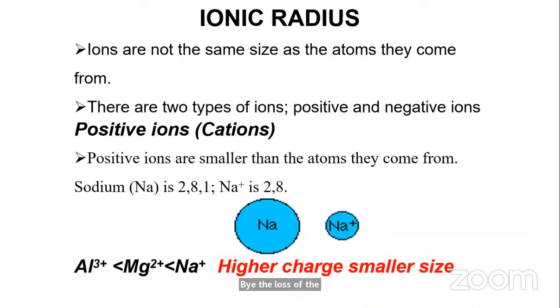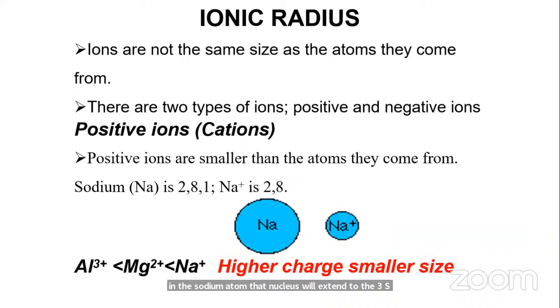So the area of influence of the nucleus has been decreased by the loss of the valence electron. And so that nucleus will pull the electrons in the sodium cation stronger than it pulls the electrons in the sodium atom. The nucleus is still 11 protons. In the sodium atom, the nucleus extends to the 3s orbital where you have the last electron.